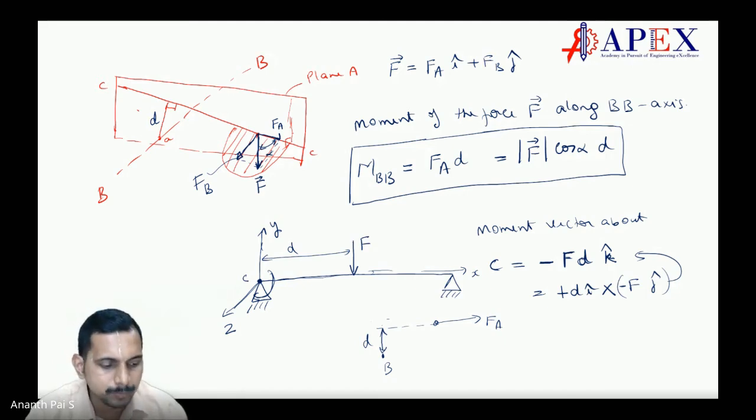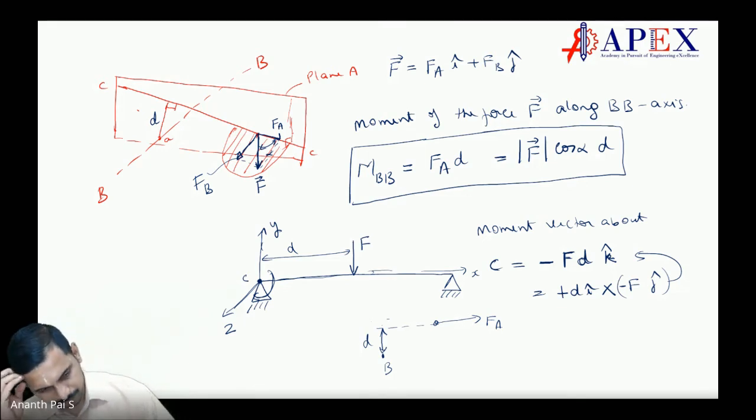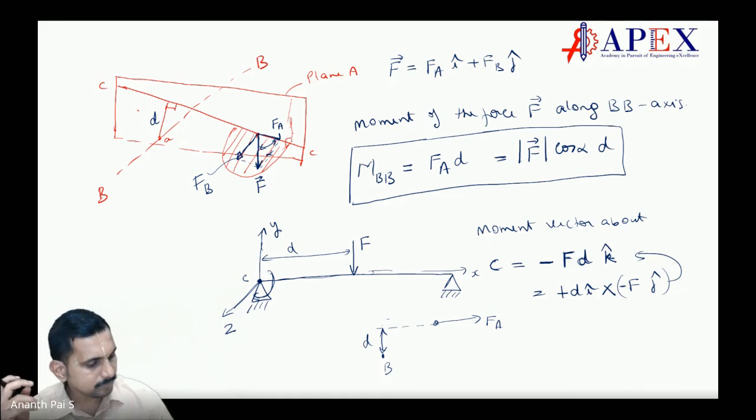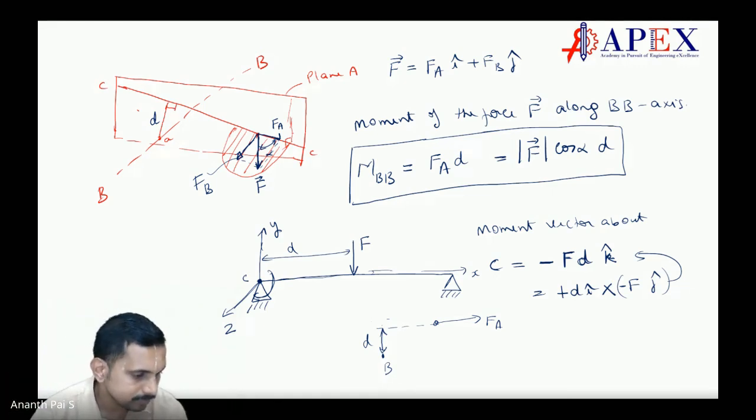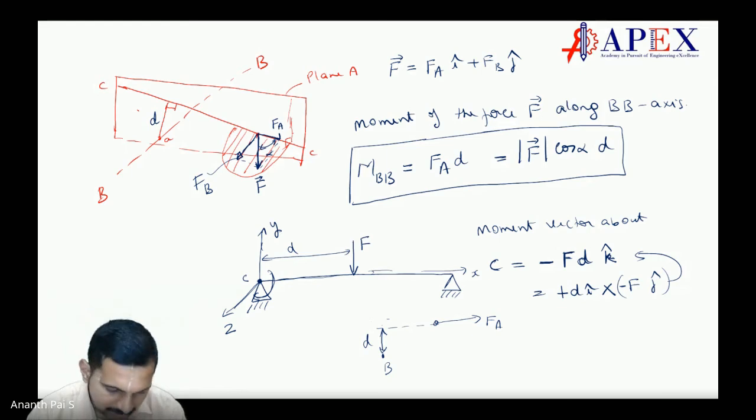Next slide, you'll understand what I'm saying. Here F is resolved into two components, FA and FB. FB is along the axis, so it won't create moments. So only FA is considered, right? Correct.